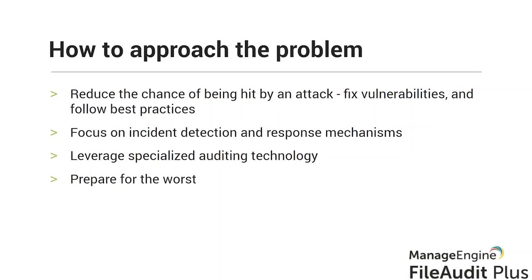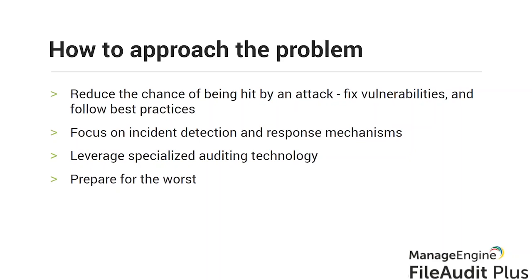So fixing vulnerabilities and patching your systems can go a long way in reducing the chance of being hit by an attack. And of course, you want to implement best practices that, again, reduce the chance of being hit by an attack. We're going to go over these in the next slide, but I just wanted to give you an overview here as to how to approach the problem of ransomware, right?